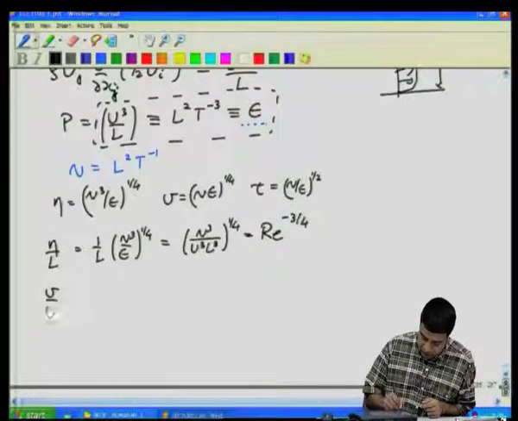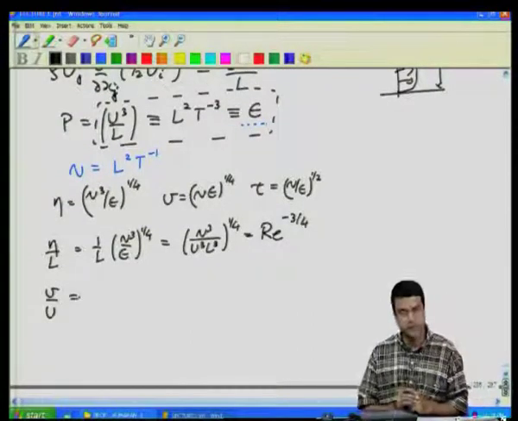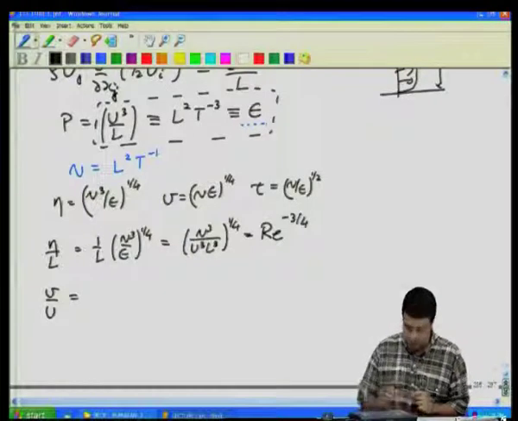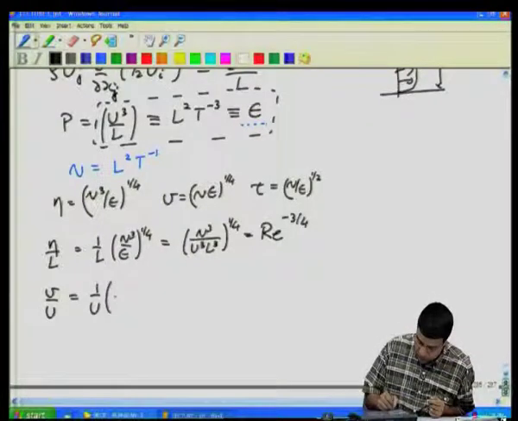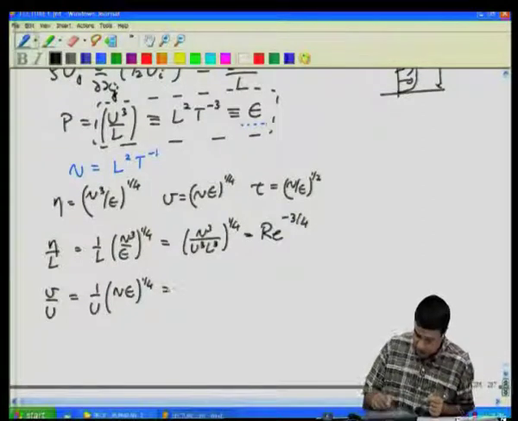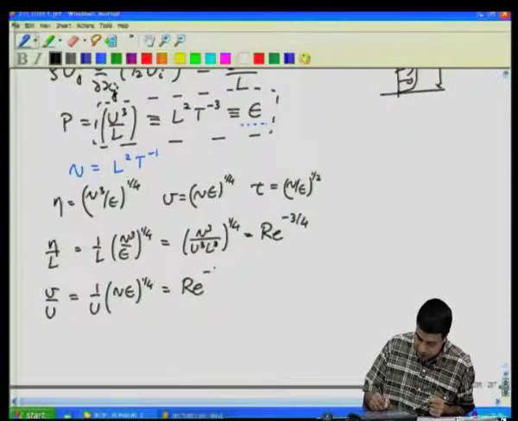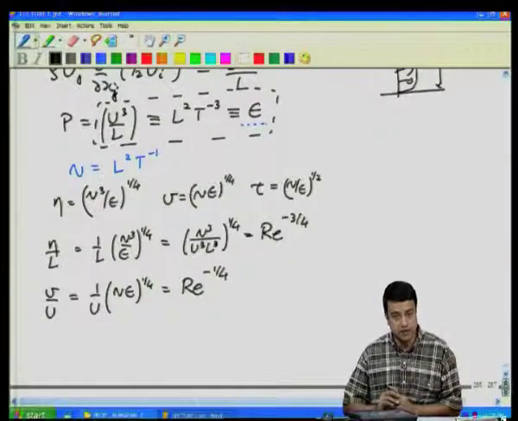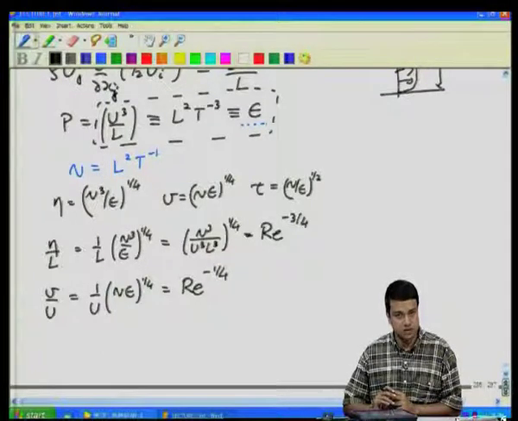Similarly, V by capital U, that is the ratio of the smallest velocity scale to the large scale of flow, can be written as 1 over u times (nu epsilon) power 1 by 4, which goes as Re power minus 1/4. If you substitute epsilon is equal to u cubed by L, you will get Re power minus 1/4.